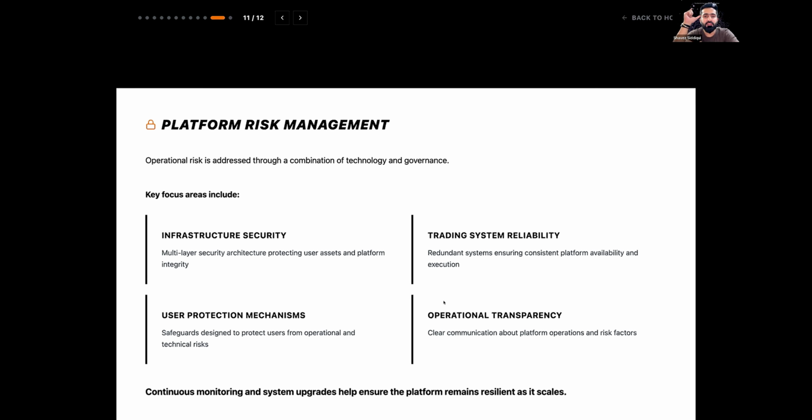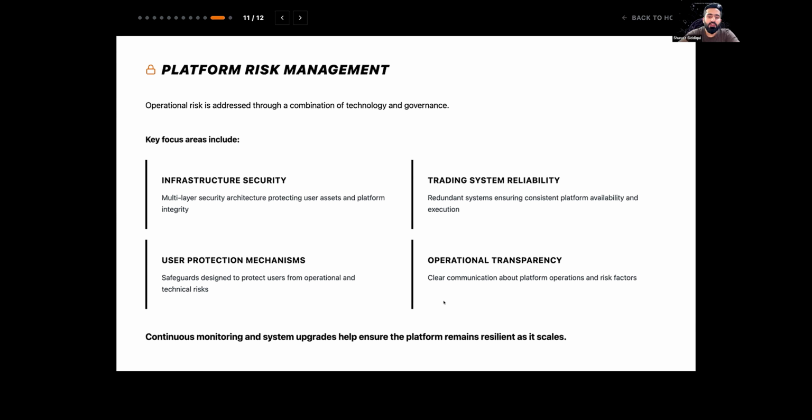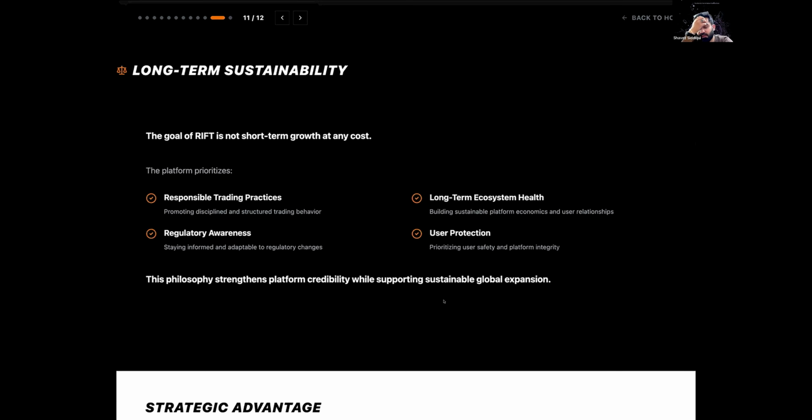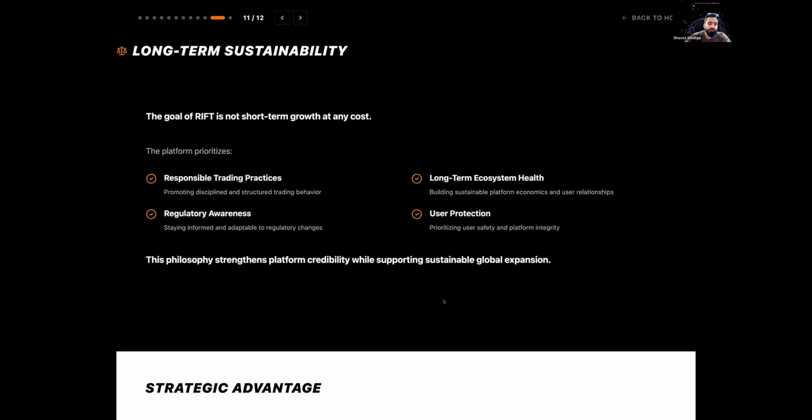That means it's your keys, your crypto. Whatever funds you have in the wallet are yours and the keys are with you. So you control the funds. Then long-term sustainability of the product: responsible trading practices, long-term ecosystem health, regulatory awareness, user protection.